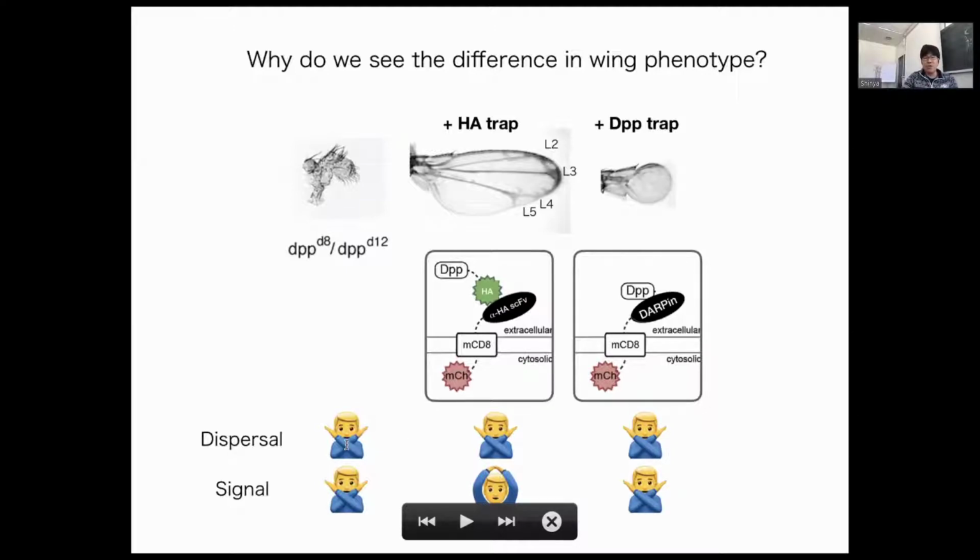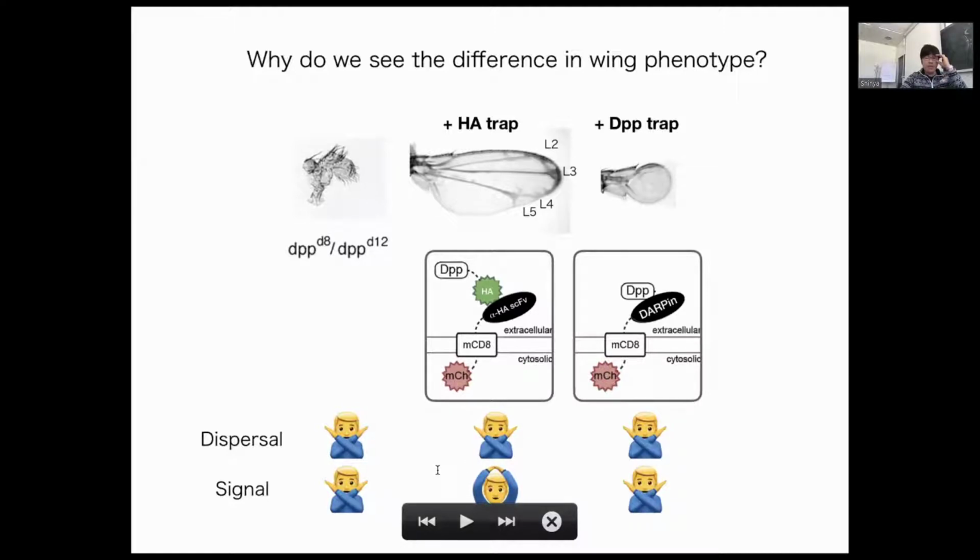I mean, in the mutant, of course, DPP is not there, so there's no ligand that can disperse. And in the HA trap and DPP trap conditions, they bind to DPP, so the DPP cannot disperse. Maybe you see some leakage, but the dispersal is strongly blocked.